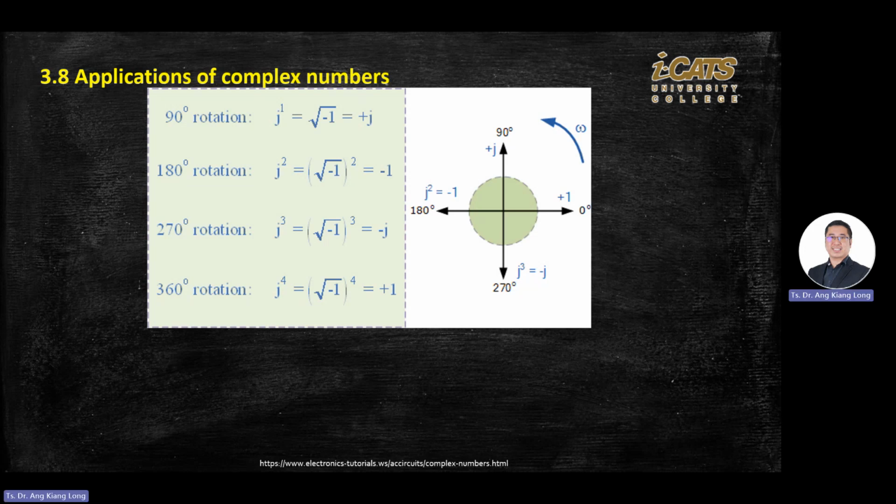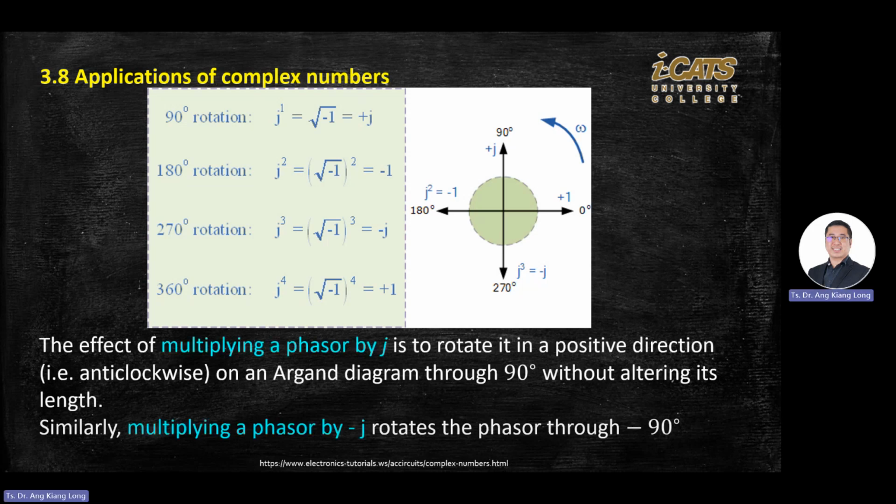Rotate further to 270 degrees, it is J cubed, which is -J. And 360 is 1. This is on the imaginary dimension, so don't confuse it with the real number. It's on the J part. The rest you read.